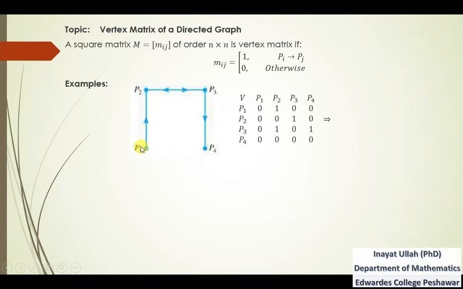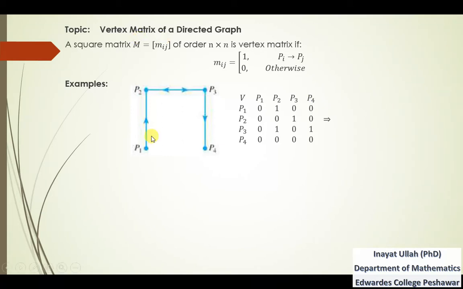P1 is here and P3 is there, there is no edge between P1 and P3, so that's why P1P3 is 0. Similarly, the edge from P1 to P4 is missing, so that's why there is 0 here for P1 to P4.